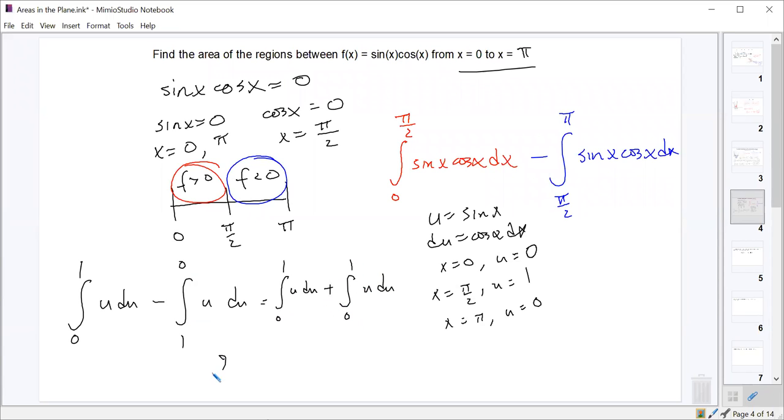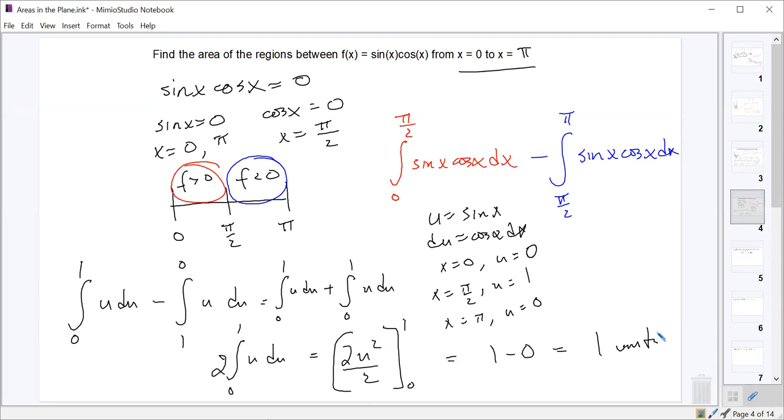Or effectively just, if I have this integral and this integral, that'd be 2 of that integral, wouldn't it? Which would give us 2 times u squared over 2, evaluated from 0 to 1. And what does that give us? The 2's cancel, right? It just gives us 1 minus 0, or 1 square unit.